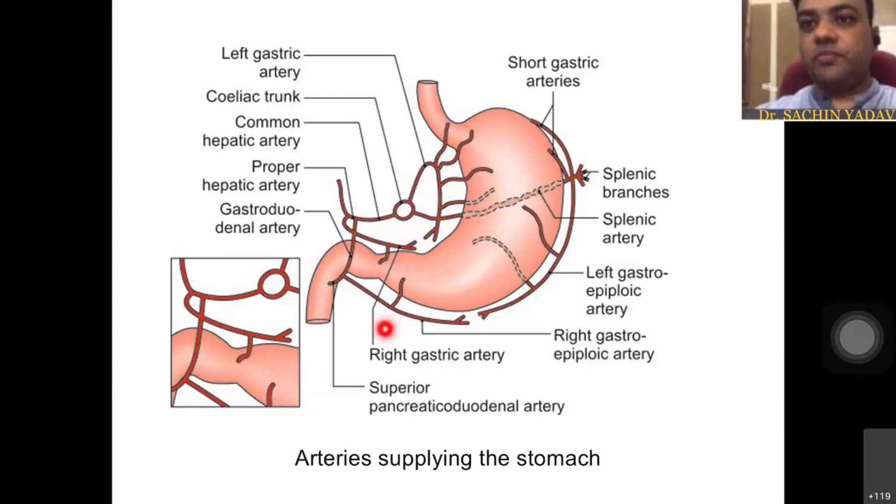And the gastroepiploic arteries reach here. First, the right gastroepiploic will enter through the attachment of the greater omentum on the greater curvature, and the left gastroepiploic artery will enter through the gastrosplenic ligament into the greater omentum. Okay.